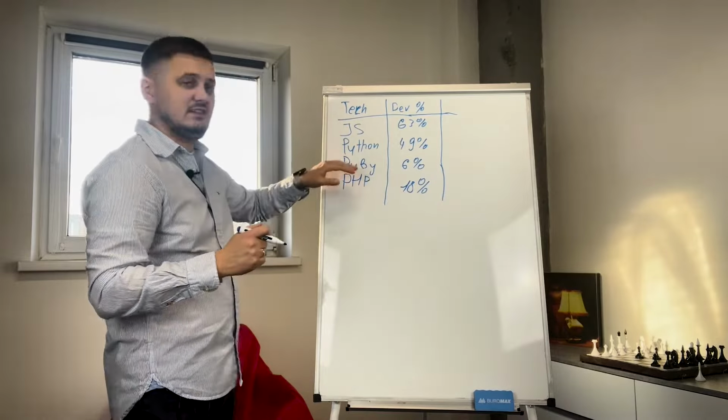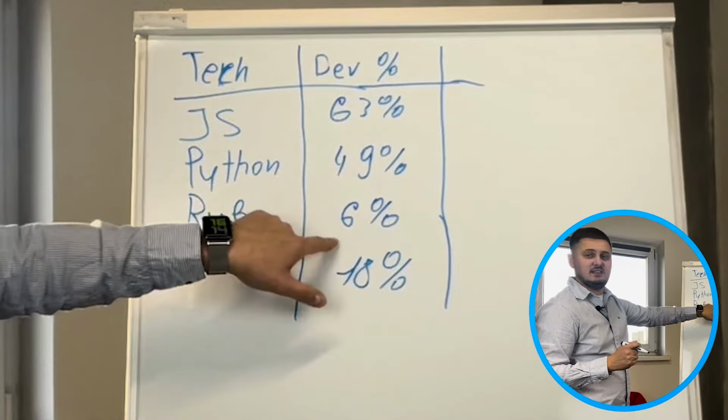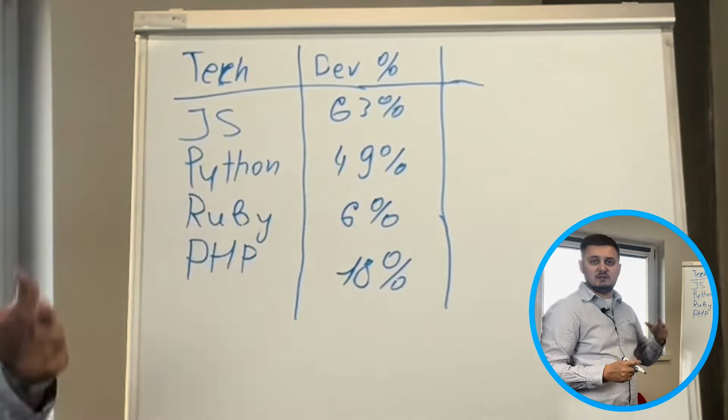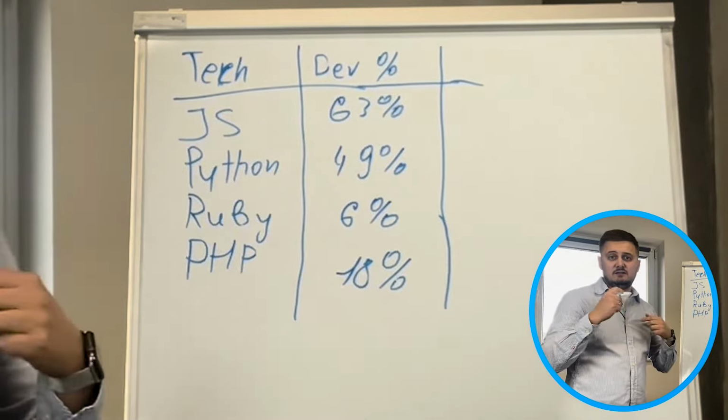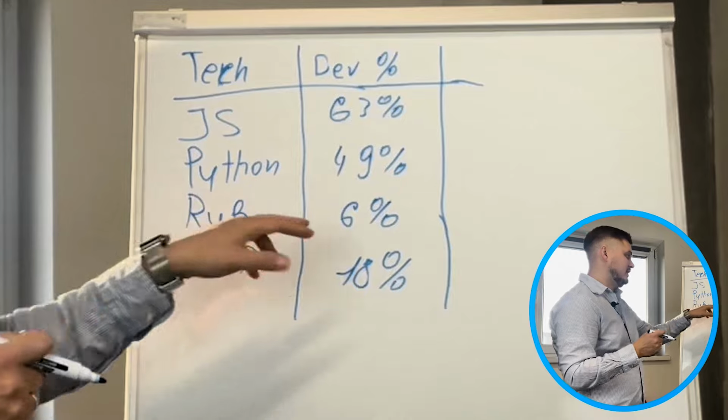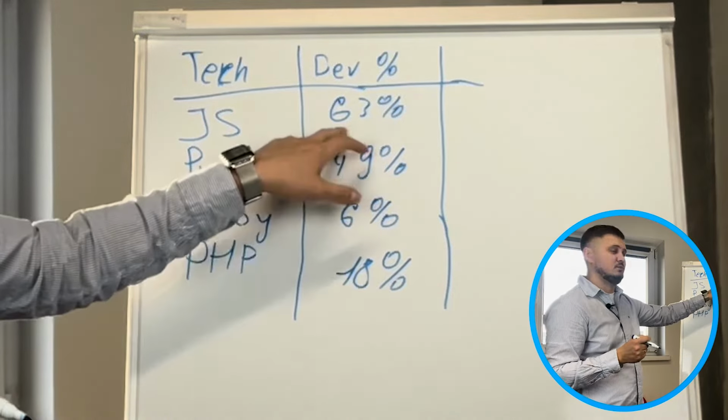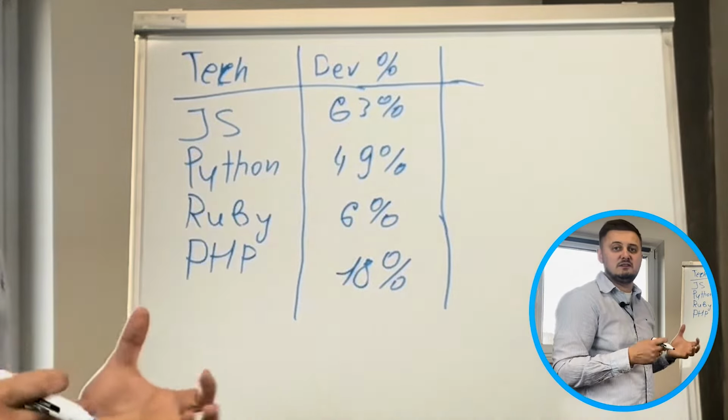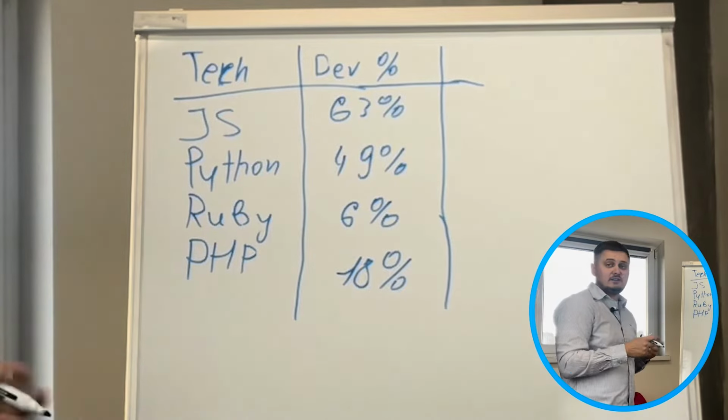So if we look at this, you'll see that 63% for JavaScript and 6% for Ruby is a big difference. So if you think about it critically, most probably this will be more expensive than this one, just because of the number of developers that can do something with that technology stack.